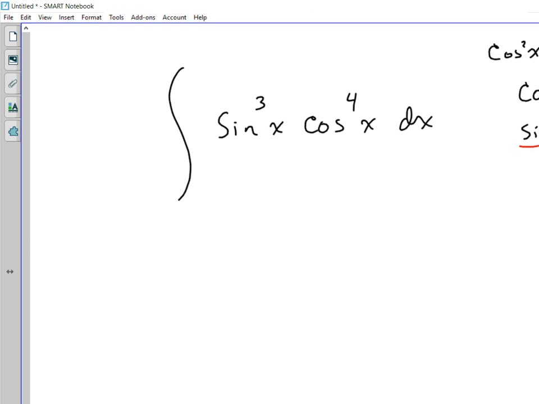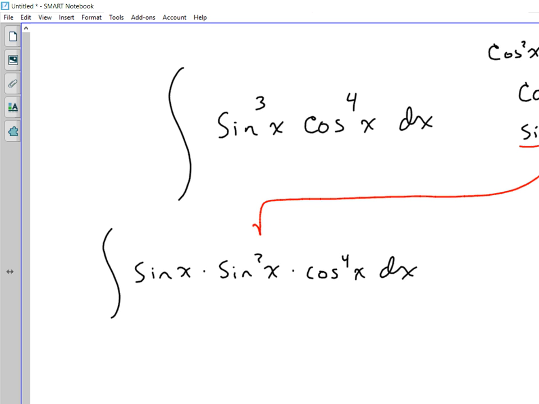If I use that one in here, 2 of the 3 are going to go away, and I'm going to be left with just a single sine. You see? So let's work that out. And this guy is going to come in right there, leaving me only a single one to care about.